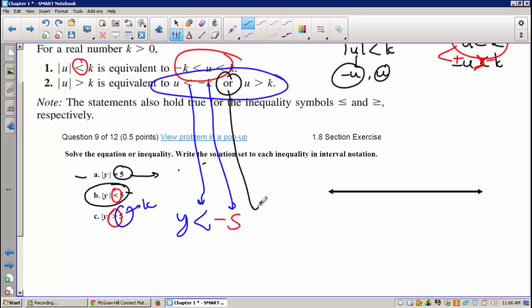Or, don't miss this, OR matters, or y is greater than k. Again, what is k? 5. This is it. Well, no, you need to plot this region and turn it into interval notation.